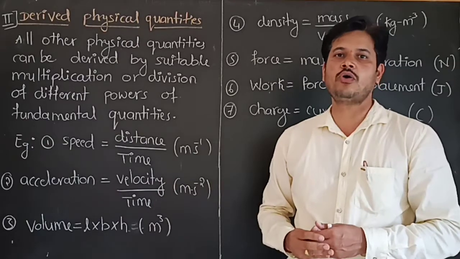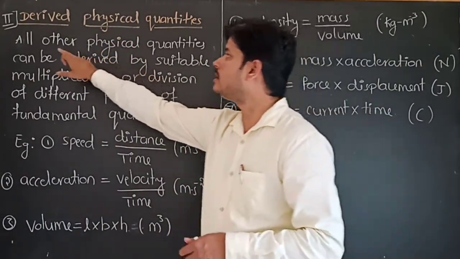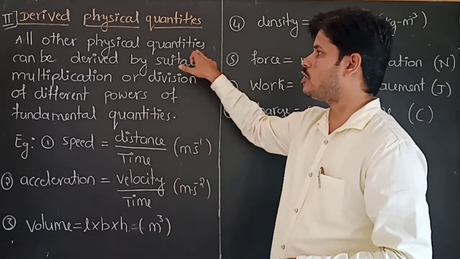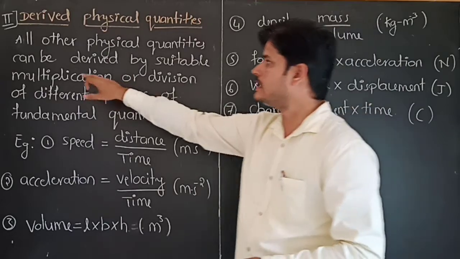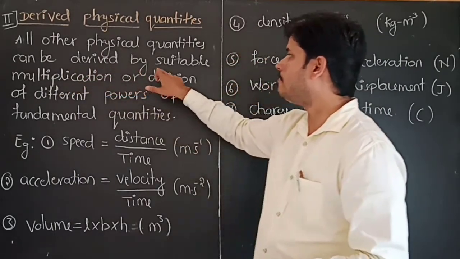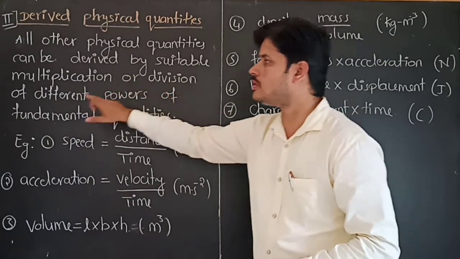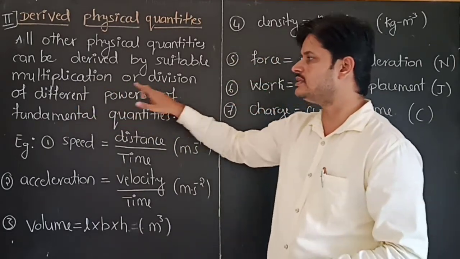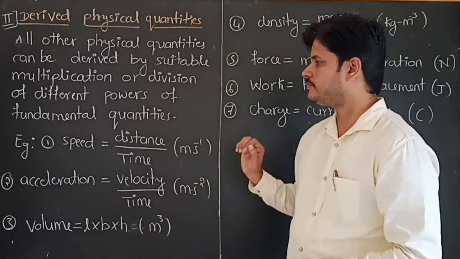Such a quantity is called a derived physical quantity. That is the definition I have written here: all the other physical quantities can be derived by suitably multiplying or dividing different powers of the fundamental quantities. Right? This is the definition.